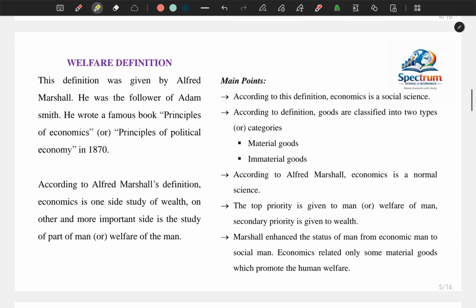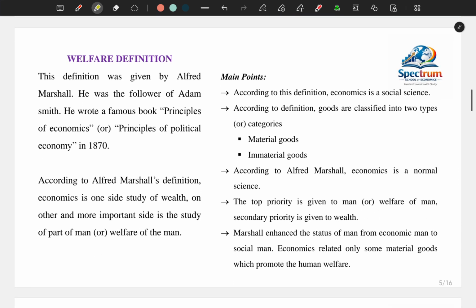The next definition is the welfare definition. This definition was given by Alfred Marshall. You can write his name in your notes.